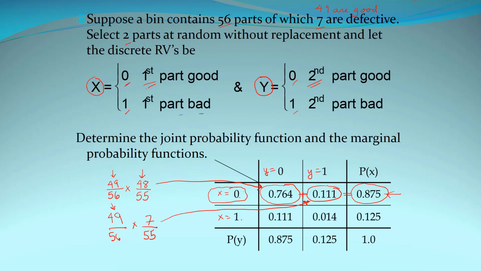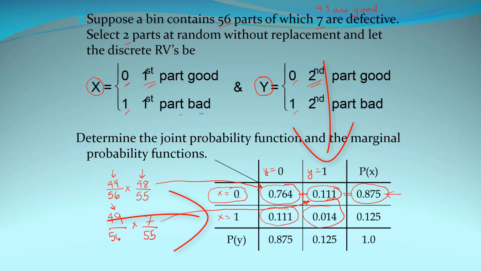Now, likewise, we can do the same sort of thing. Look, the probability of y being a good second part, but we've got a bad first part, is this 0.11, and then likewise we've got a bad second part but also a bad first part.